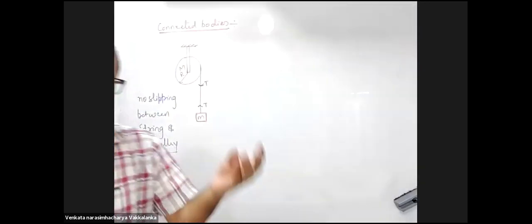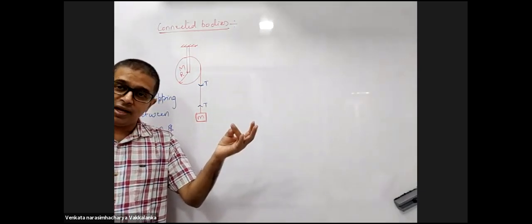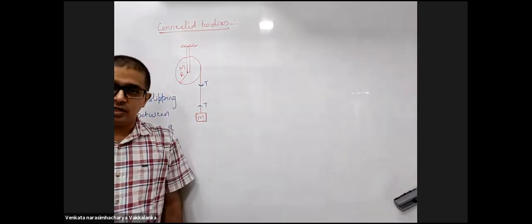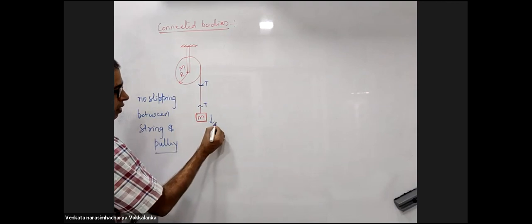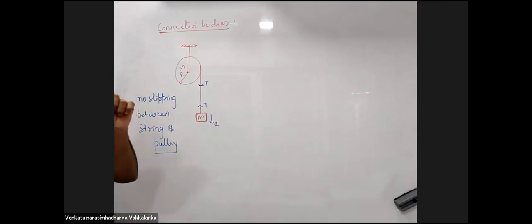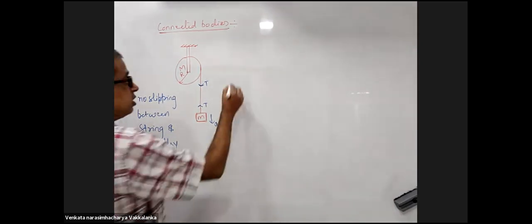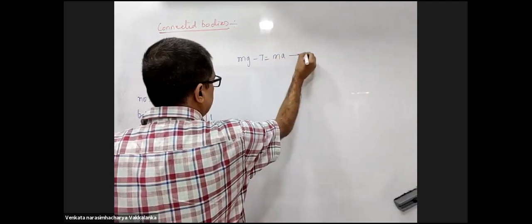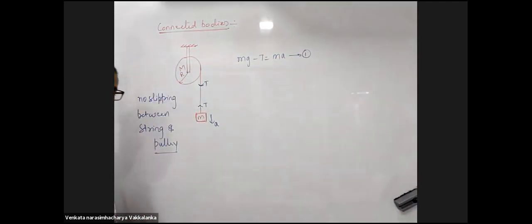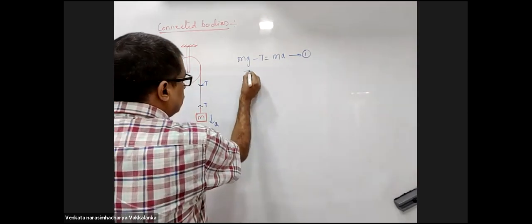In principle, you have got translational dynamic equation, rotational dynamic equation, and constraint equation. Firstly, if I take this acceleration to be a, the translational dynamic equation for this will be mg minus T is m into a. Do you all agree with this? Yes, sir. Then rotational dynamic equation for the pulley.